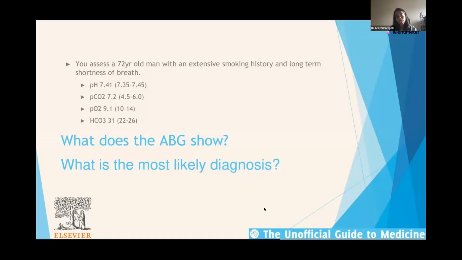With acid-base, because you're taking a quick sample from your artery and analysing it so quickly, you can get a very quick understanding of whether you're acidotic, alkalotic, what's happening with your bicarb levels.